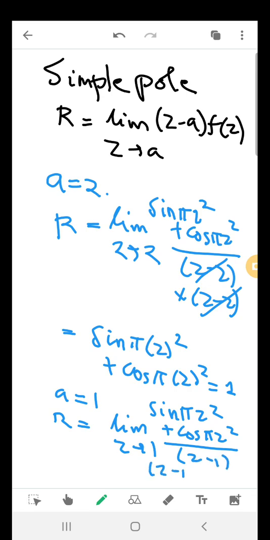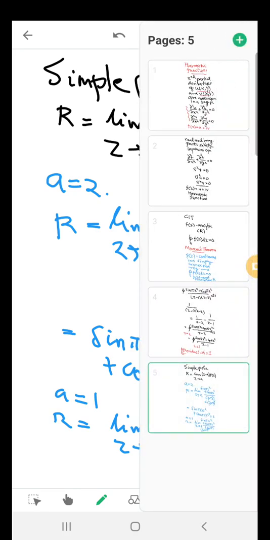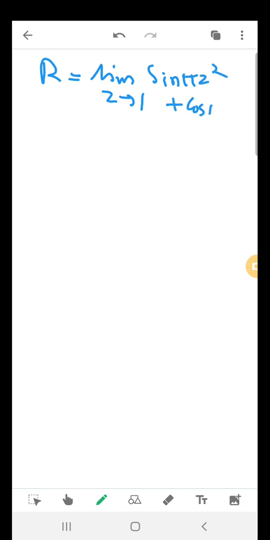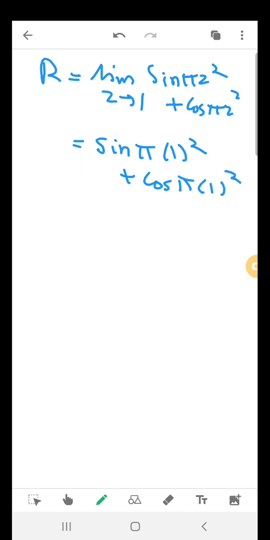So these two will cancel out, and the residue will turn out to be the limit as z tends to 1 of sine pi z square plus cos pi z square. So again it will be sine pi 1 square plus cos pi 1 square, so again the value will be equal to 1.